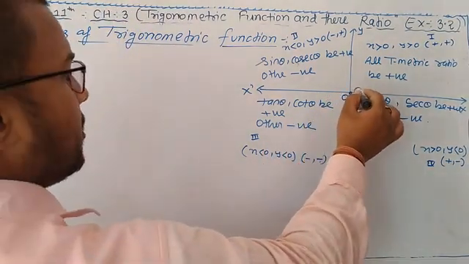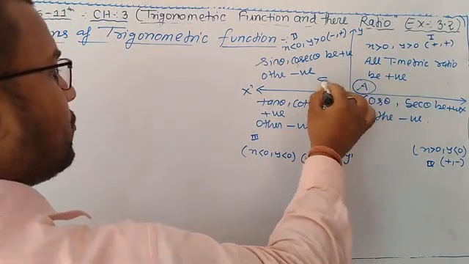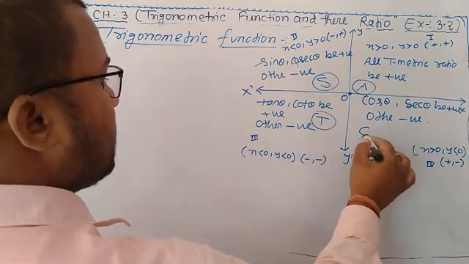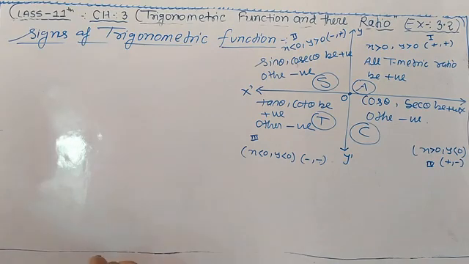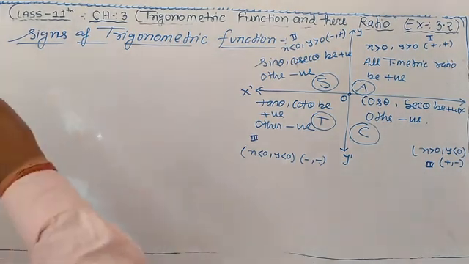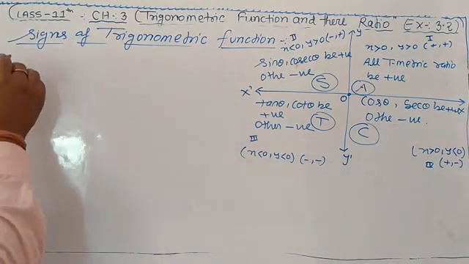So this is very important. In this quadrant all positive, sine positive, tan positive, and in this quadrant cos positive. A S T C. So very important, student, all positive.